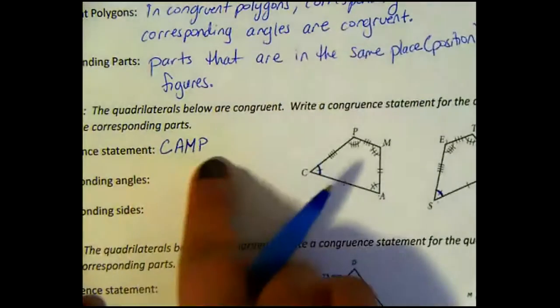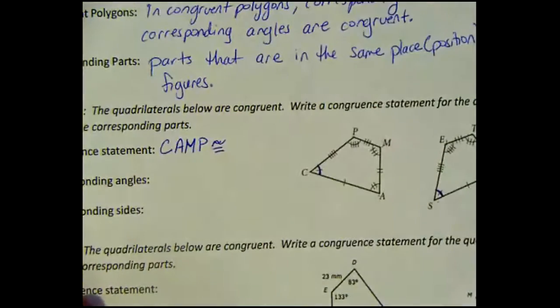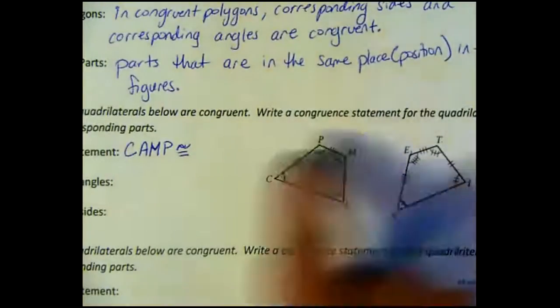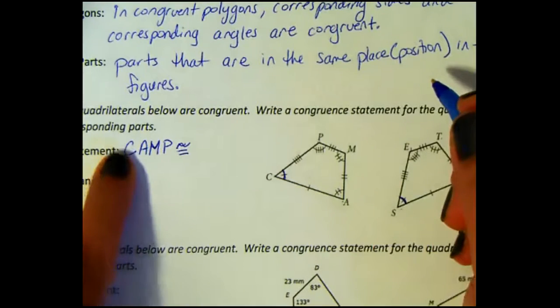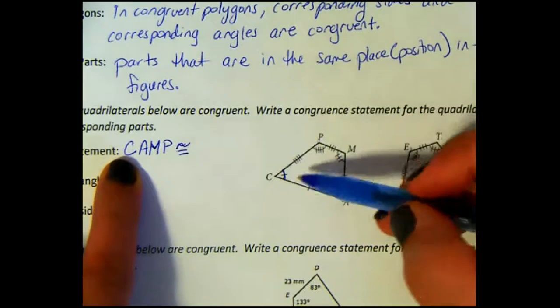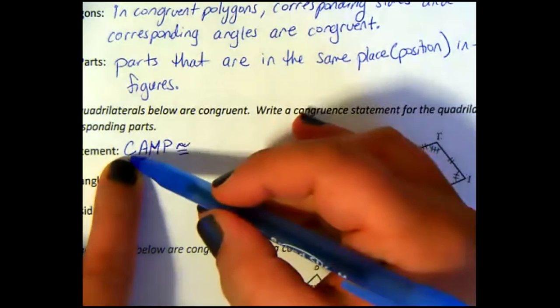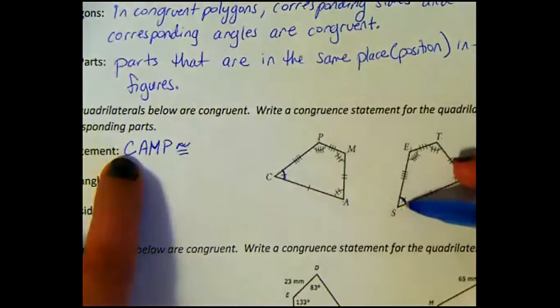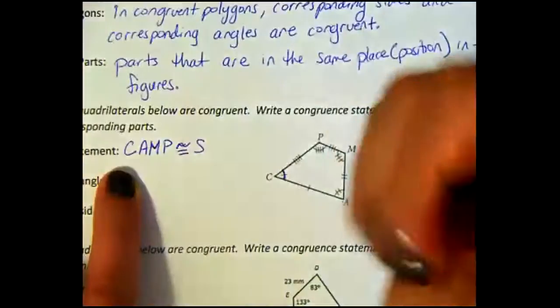And I'm going to say that CAMP is congruent to this quadrilateral, because I'm being told that they're congruent. So whatever angle is congruent to angle C, the corresponding congruent angle, is going to go first because C was first. So that would be S. Here, I'm going to actually do this.